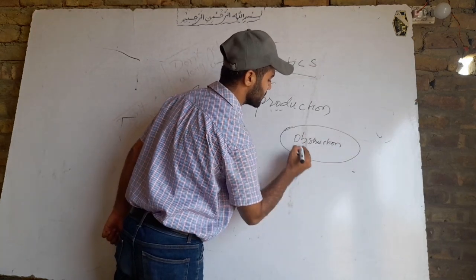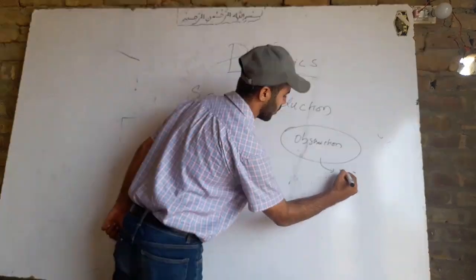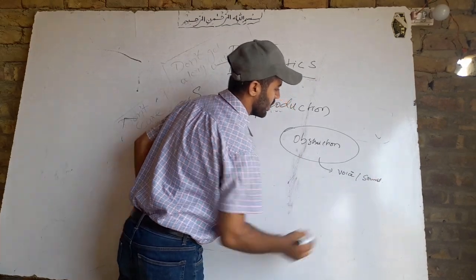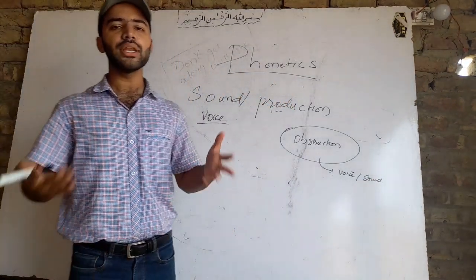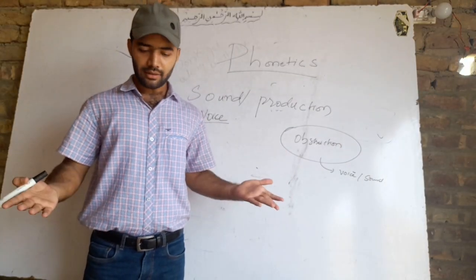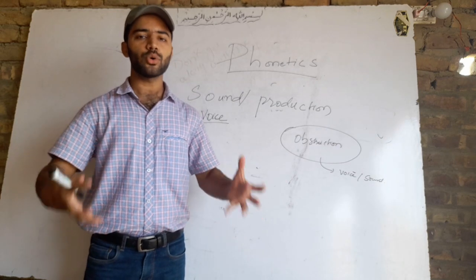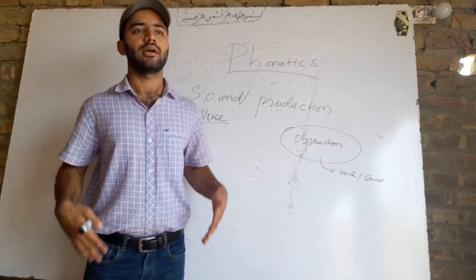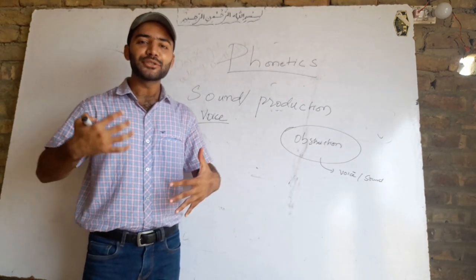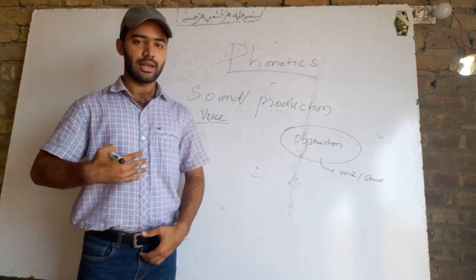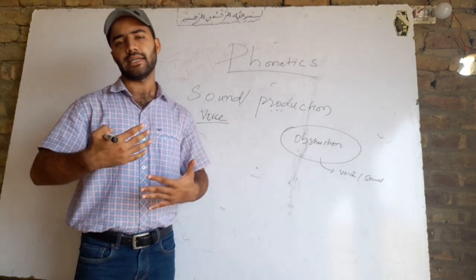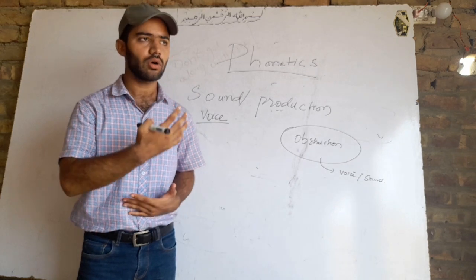It is only the obstruction that creates the voice or sound. Now, when we inhale, our lungs are filled with air. And when we exhale, the air that we had stored in our lungs passes through the trachea, and after the trachea, it passes through the larynx. After the larynx, we have the vocal folds or vocal cords.